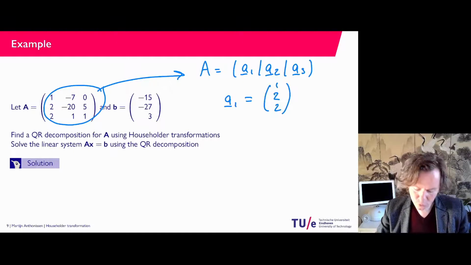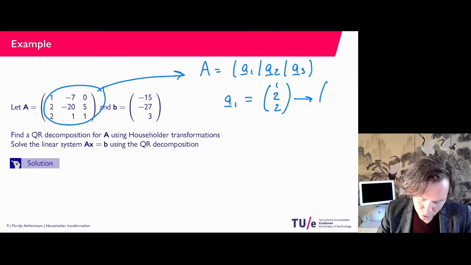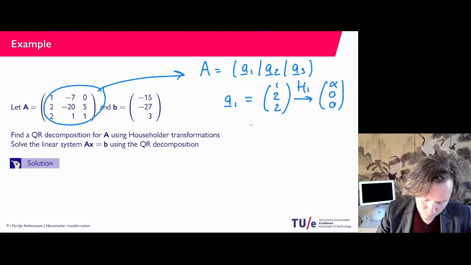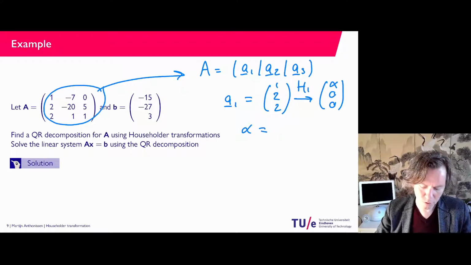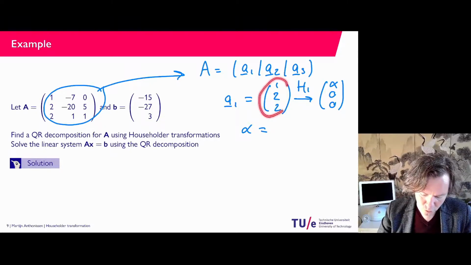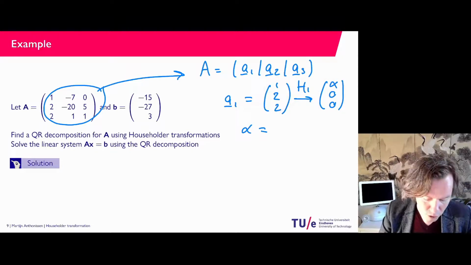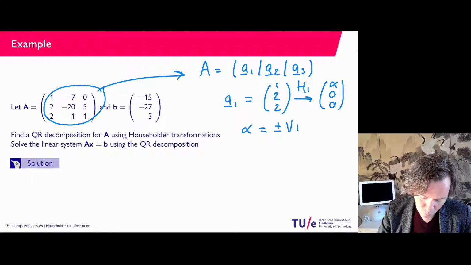And I would like to transform that into alpha, 0, 0 using some Householder transformation H1. So for alpha, the two vectors, this vector 1, 2, 2 and this new vector, should have the same length, which means that alpha can be plus or minus the square root of 1 plus 4 plus 4, the square root of 9. So alpha is plus or minus 3.